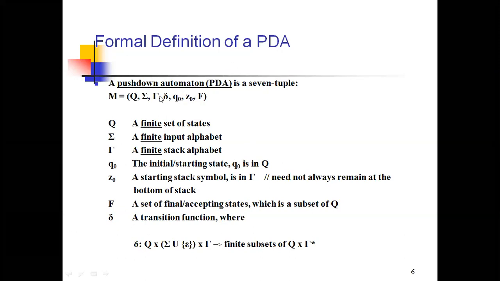And finally, please make a note of the transition mapping function: Q into sigma along with epsilon into tau, and it gives an output in the form of finite subsets of Q into tau star. Q is the set of states, tau is the stack alphabet, right? Is it clear? Please make a note of this formal definition of a PDA. It is a very important definition.